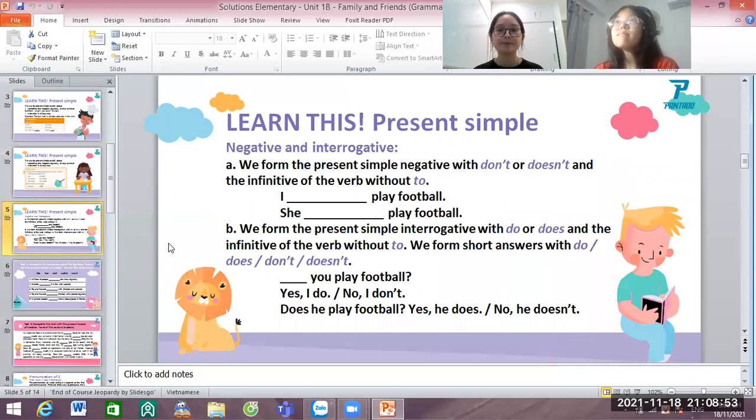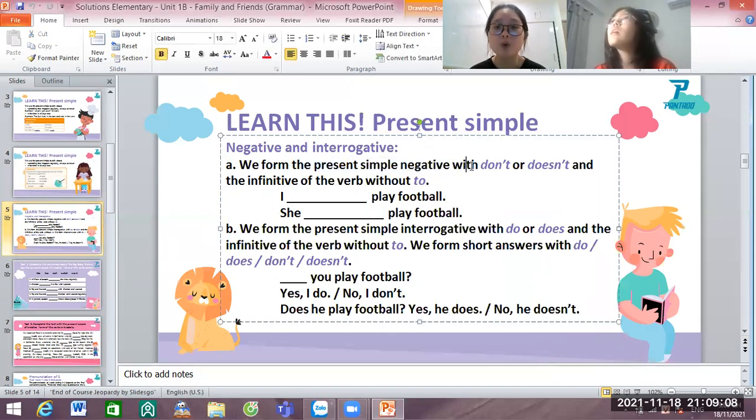Next, the second and the third categories, which are negative and interrogative. We form the present simple negative with don't and doesn't. We use don't and doesn't in the negative sentences.